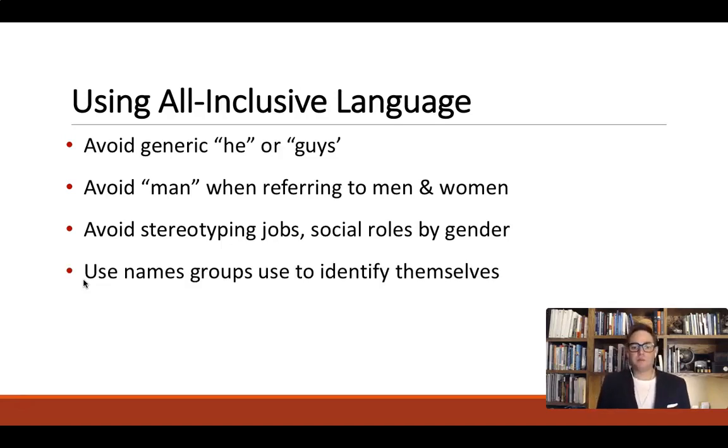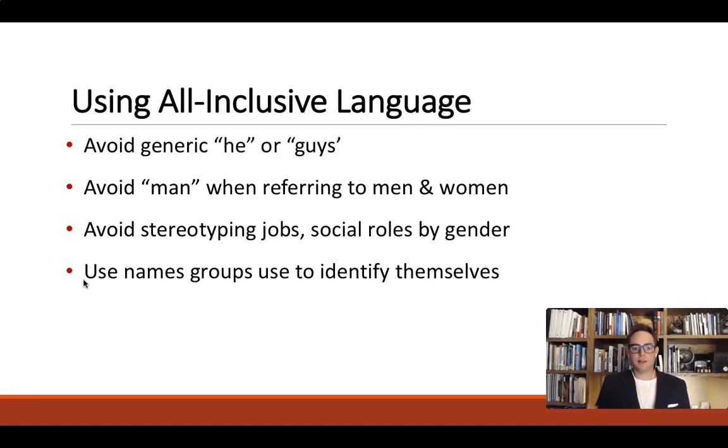We want to use names groups use to identify themselves. So you want to think about how, if you're talking about a group of individuals, for example, just the other day, one of my students in a different class on a different campus is part of the deaf community.